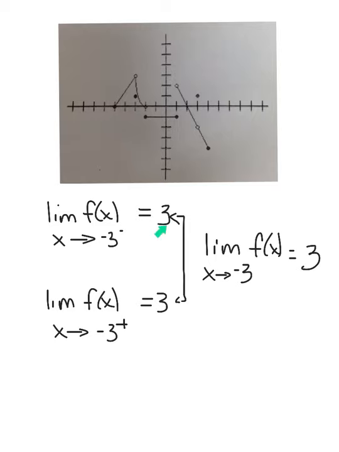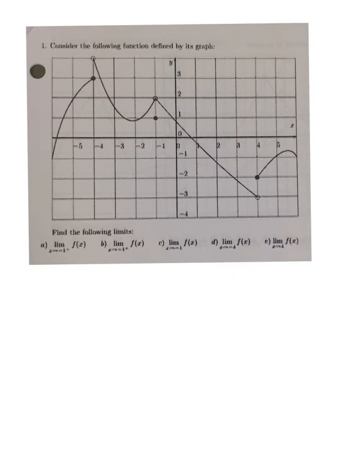If these two match up, then your answer is 3. Okay? So when I'm looking at just this entire limit, I have to look at the limit coming from the left and coming from the right to determine this answer. Okay? All right, turn the page in your packet, make sure you're taking notes, and look at page 2.